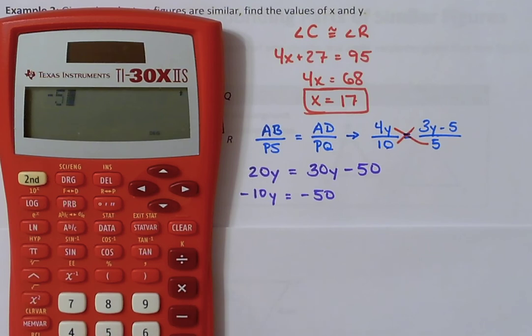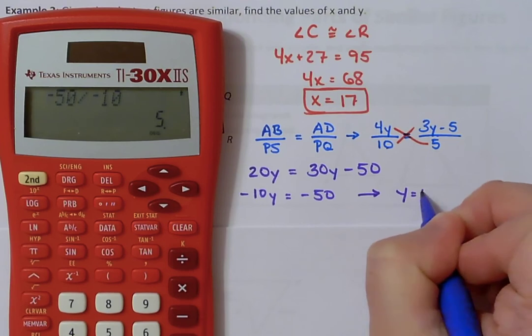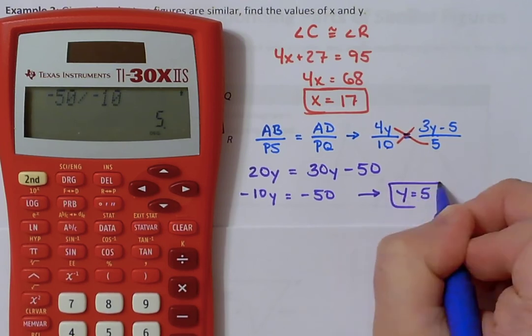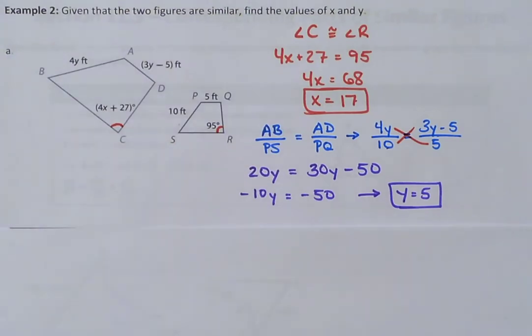Negative 50 divided by negative 10 is going to give us 5. So in this case, y equals 5. And that is our answer for the second part of example 2, part A. So we've now found x and we have now found y, and that is our final answer.